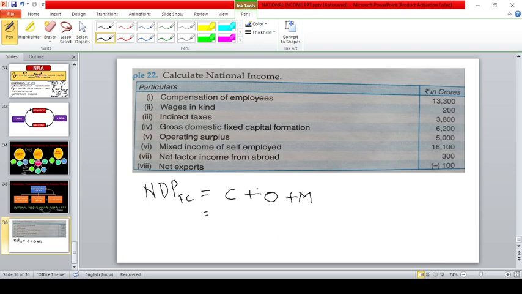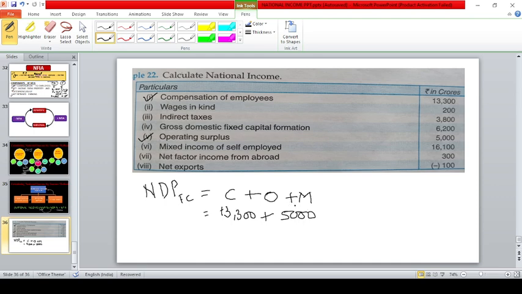We have studied that first we have to calculate NDP at factor cost, that is domestic income, by adding compensation of employees plus operating surplus plus mixed income. So what is compensation of employees given over here? That is 13,300, plus operating surplus itself is given directly, that is 5,000. If it is not directly given, it might be given as rent, royalty, interest and profits, and again you have to add all of them and come to operating surplus. Here it is directly given to us, so no need of doing any further calculation.